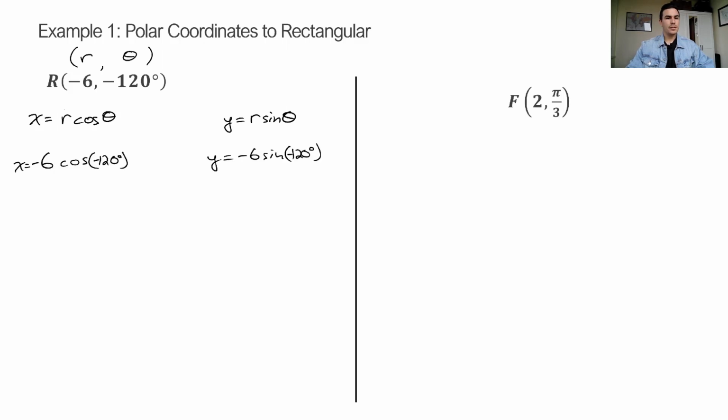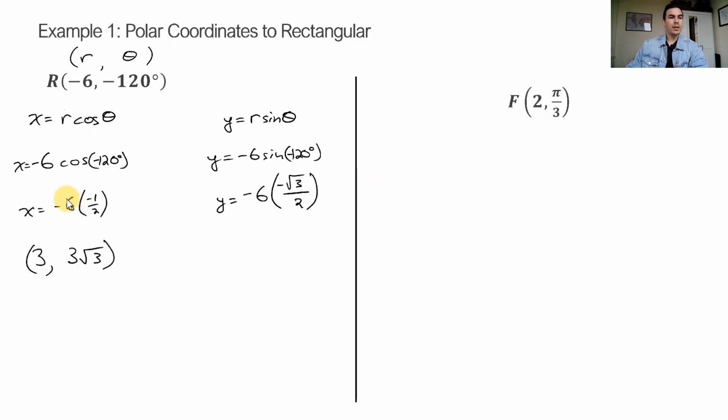Okay, so we've got x here, y here. We're just plugging these values for r and theta straight in. X would be then -6 times the cosine of -120, which is -1/2, and y is -6 times the sine of -120, which is -√3/2. So we just substitute those values in and simplify.